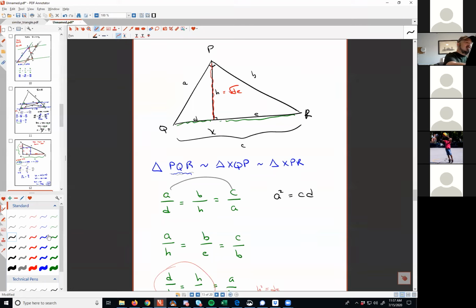Do we see that again somewhere? We do. B squared equals CE. Okay, well, that's interesting. What can we do with these two equations?